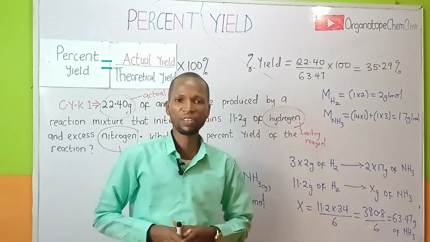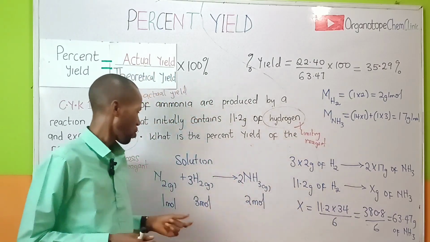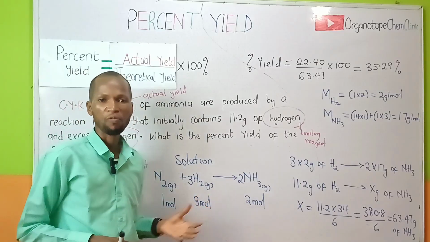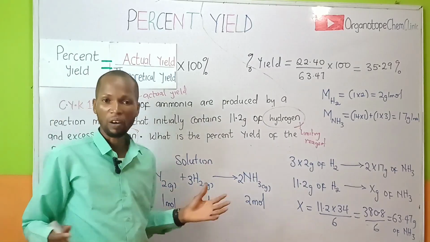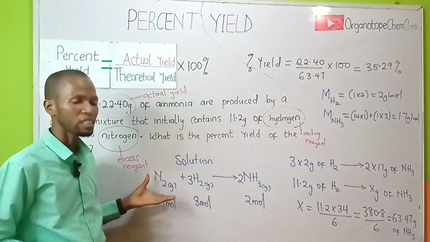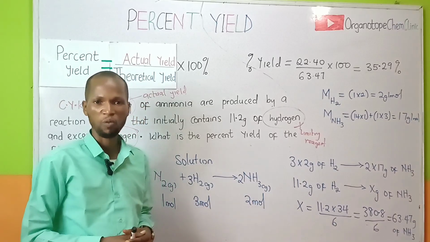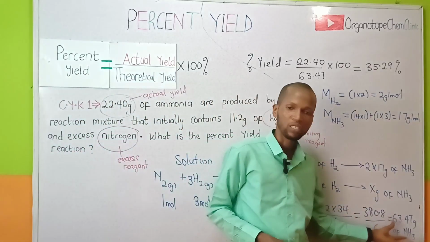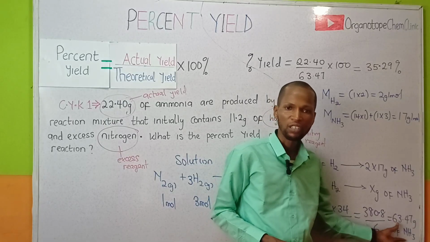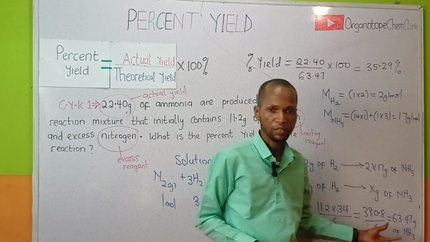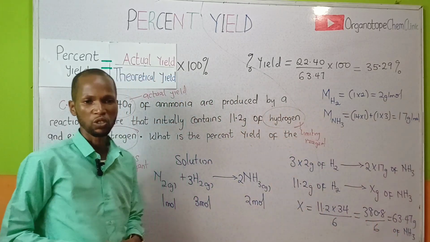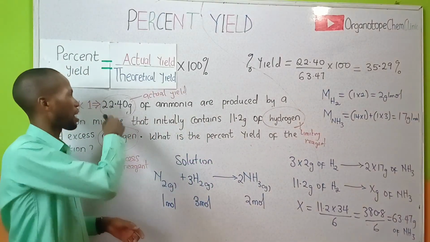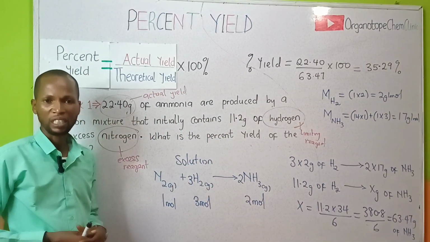Can we have a quick recap of what we've done today? We considered the writing of a balanced chemical equation. So I want to believe that from this question, everyone can balance a chemical equation. After that, we moved to determining the theoretical yield of ammonia. Since the theoretical yield is known, you can always pick the actual yield from the question given.